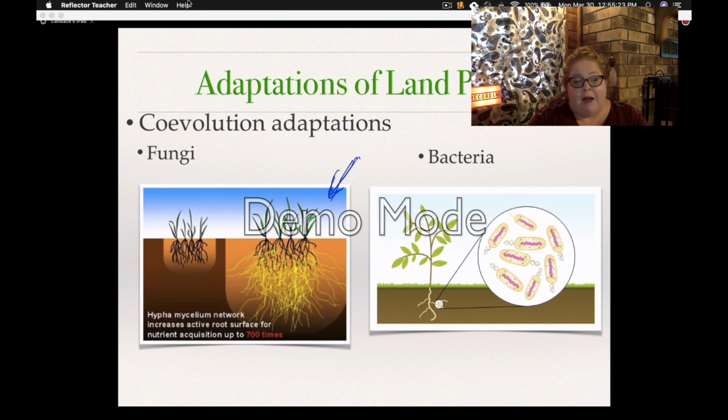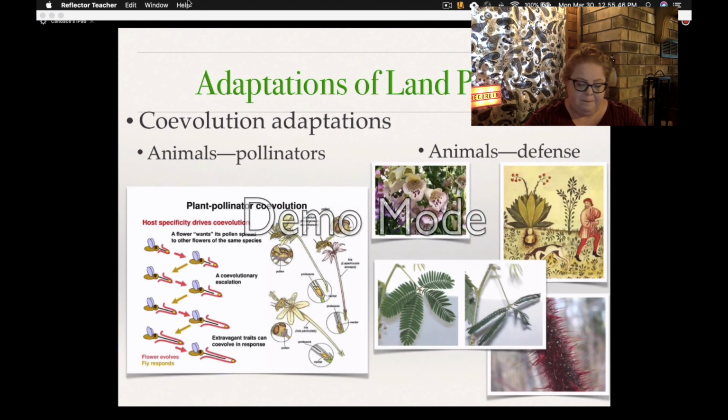They're called mycorrhiza, and they extend the surface area of the roots of some plants to help with their success, so that is an adaptation of them working together. Also, there's bacteria. We talked about those root nodules present in some plants like legumes that allow for these nitrogen fixing bacteria to be present.